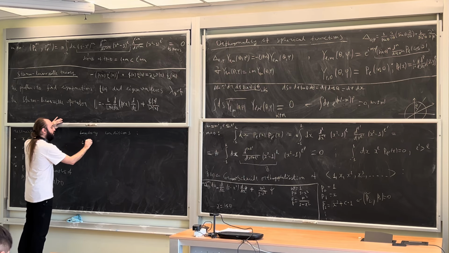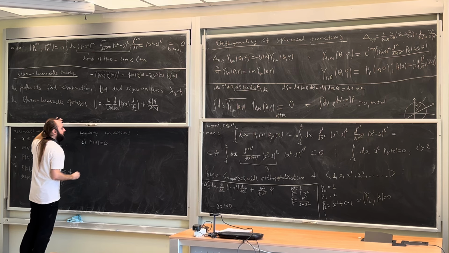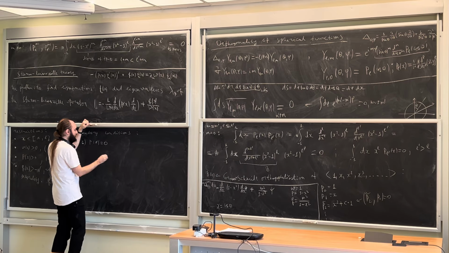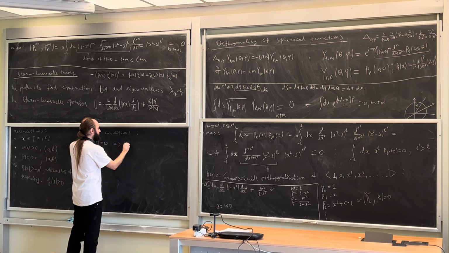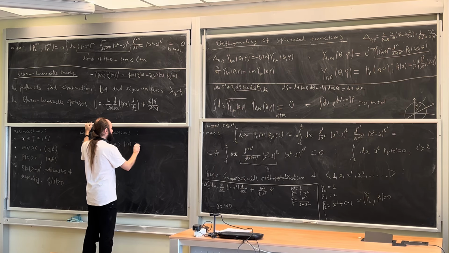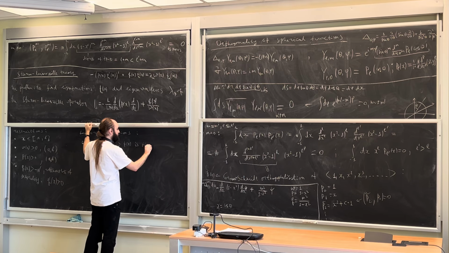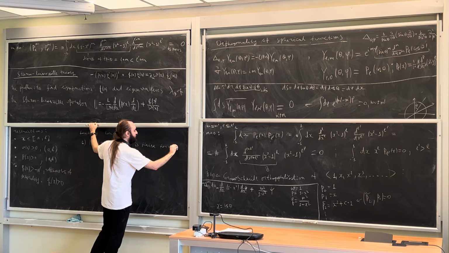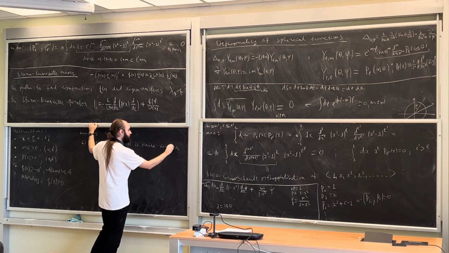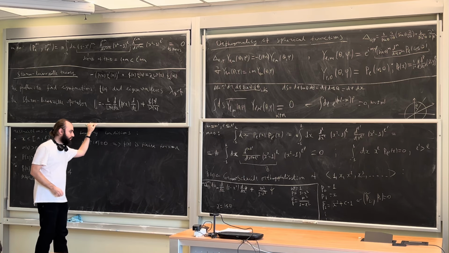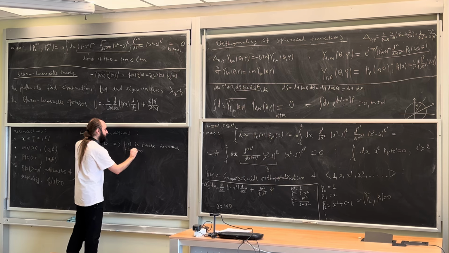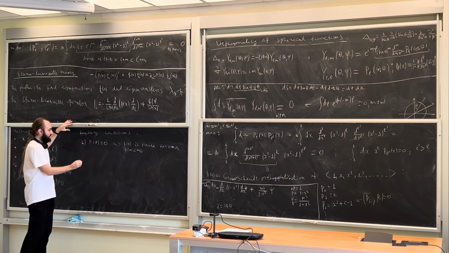If p of a is 0, then the only boundary condition is that psi of a should be regular, or we can say that psi of a is other than infinity. It's equivalent. And the same for b.